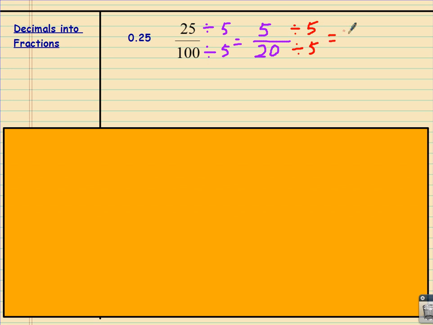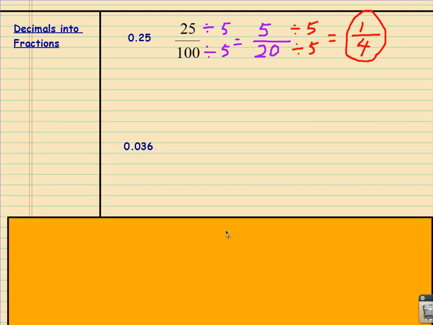And we are left with 5 divided by 5 is 1. 20 divided by 5 is 4. And we have a fraction in simplest form. 25 hundredths can be rewritten as the fraction 1/4.